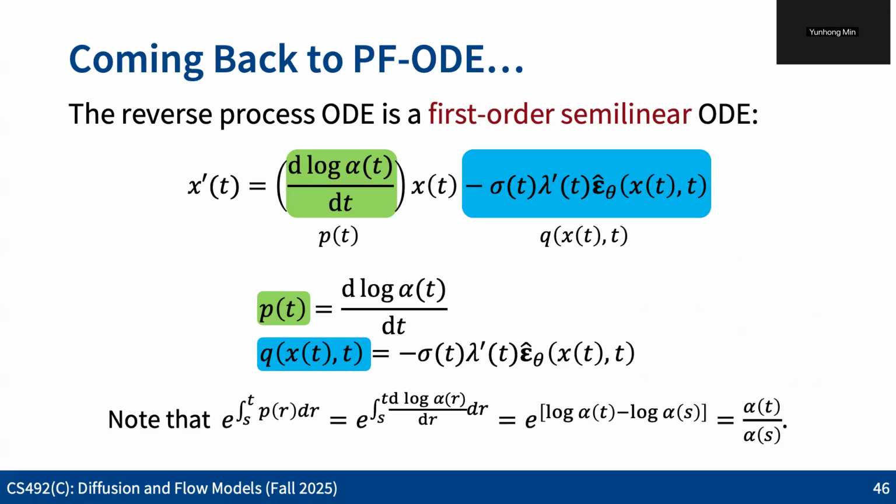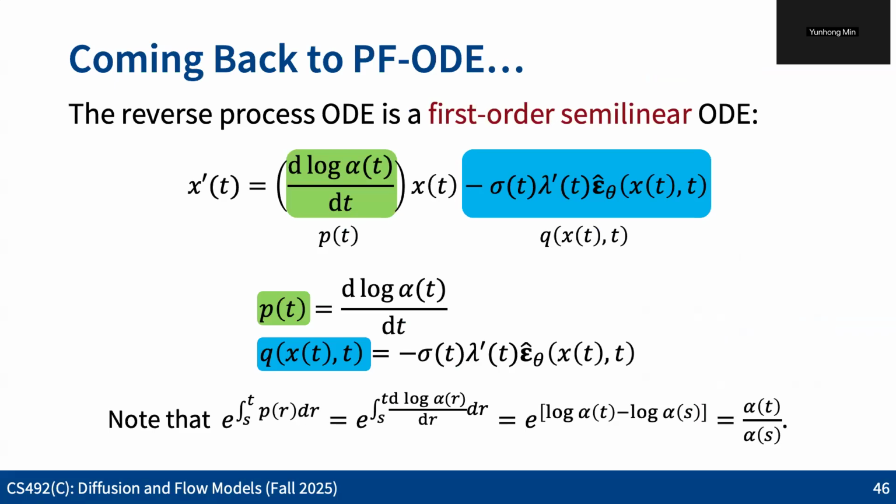Based on the observation of this structure, we are going to see a more effective way to solve this ODE by deriving analytic solutions as much as possible. So that's the basic idea.